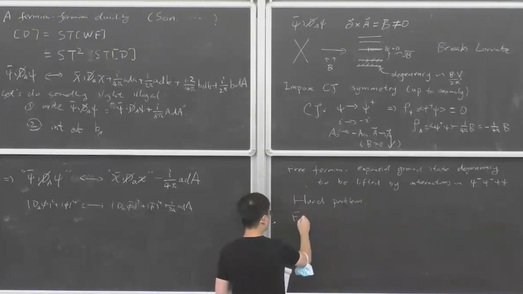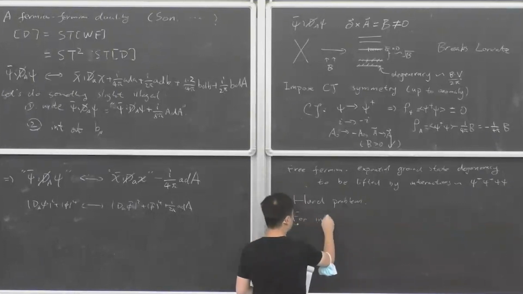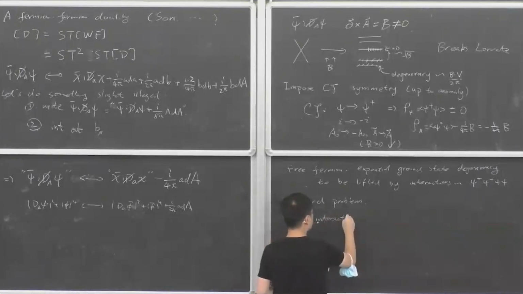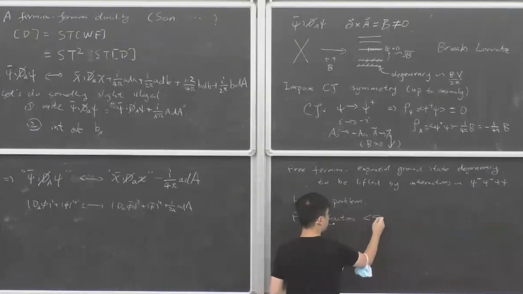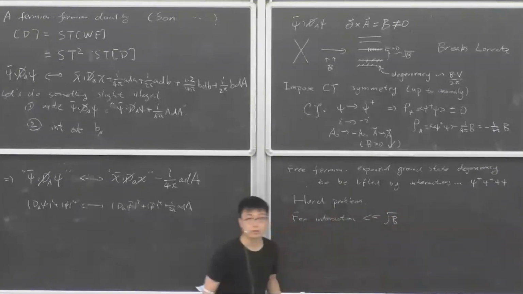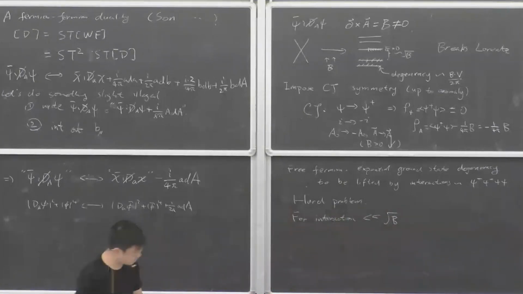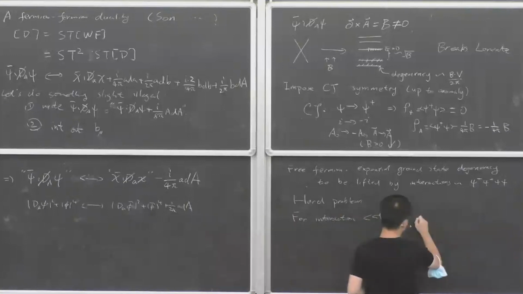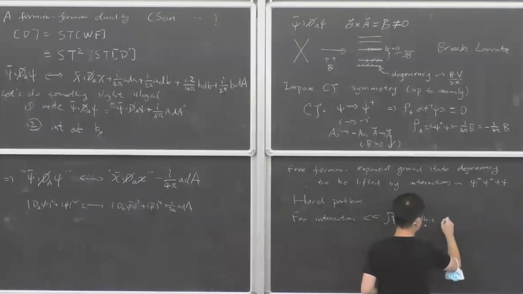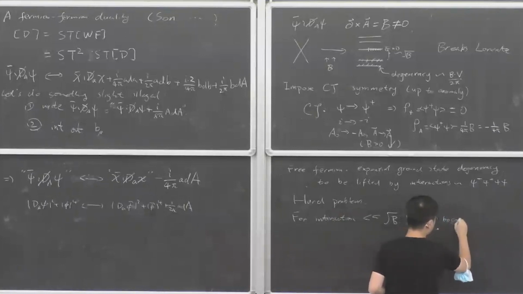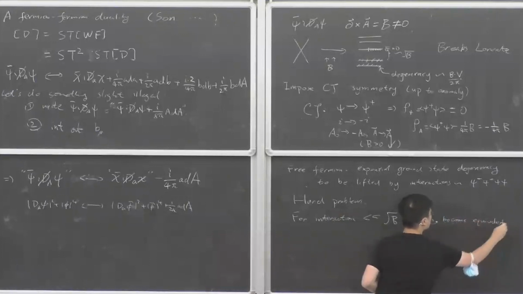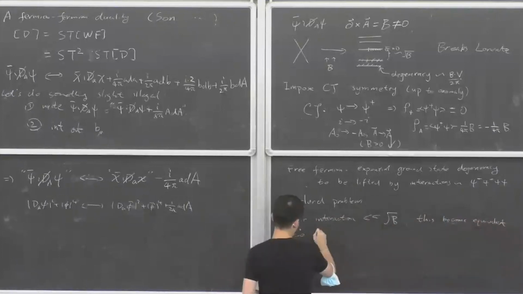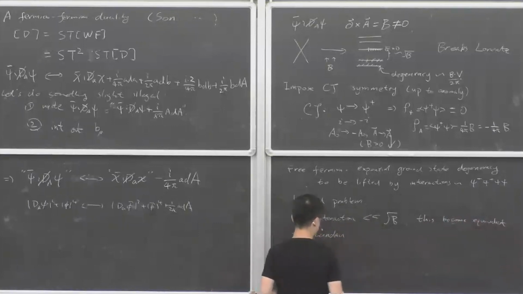So the precise statement is that if I have interaction, then the Landau gap, turns out this problem becomes completely equivalent to the Landau level problem in non-relativistic fermions.